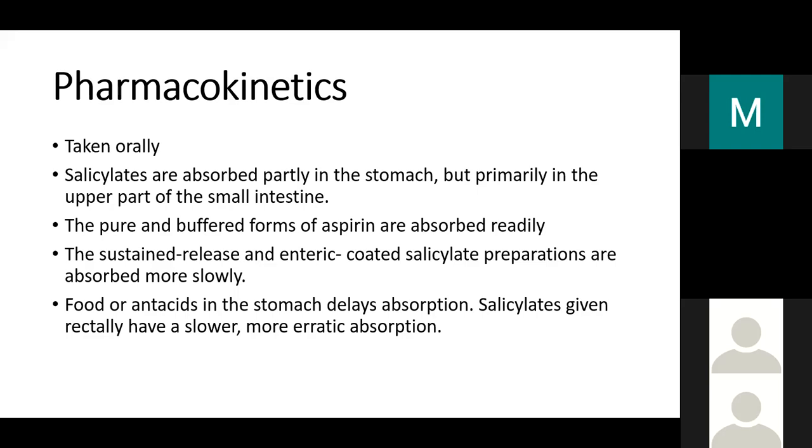For the enteric coated form, there's a coating around the tablets, which prevents it from being degraded by the gastric acid. And so it goes to the small intestine before the absorption occurs.